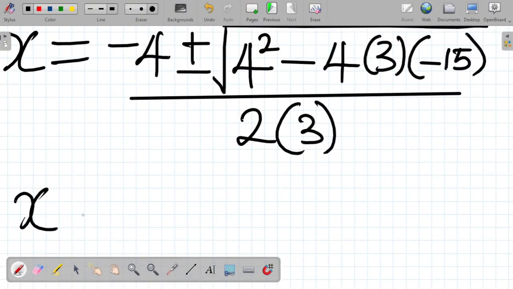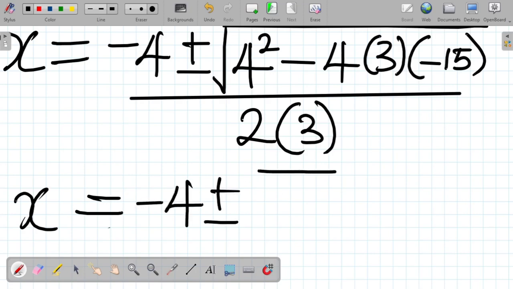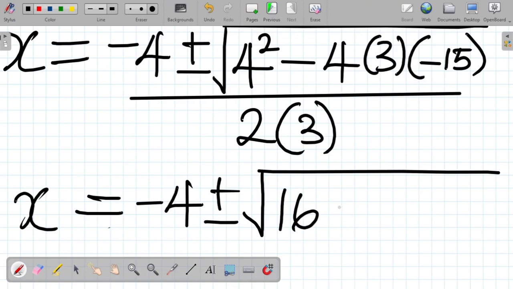So x is equal to negative 4 plus or minus square root of 4 squared gives us 16. Negative 4 multiplied by 3 multiplied by negative 15 gives us positive 180.